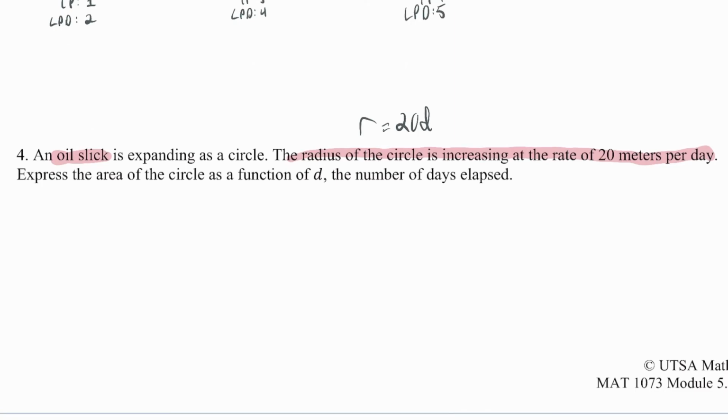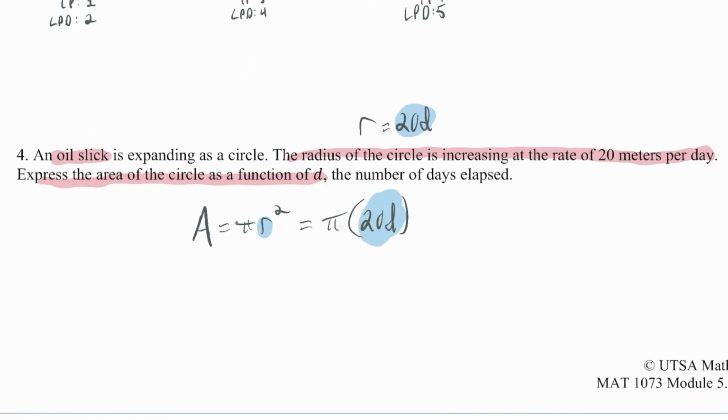Express the area of the circle as a function of d. Okay, well, the area of the circle is pi r squared, right? So all I got to do is plug 20d into r to get the area as a function of the number of days. So pi times, in parentheses, this is important, in parentheses, the 20d is replacing r.